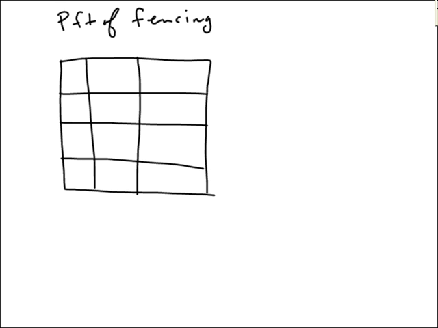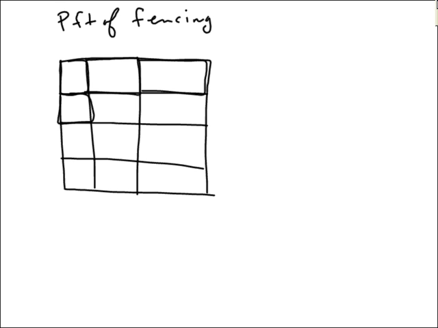So basically, you want to build some kind of a pen that has 12 different areas, 12 different enclosures. You want to put one set of animals here, and maybe isolate the pig in here, and put some animals here, and some animals here, etc. You don't want them to mix and match. You decide who gets to hang out with one another, who gets to be in the same enclosure.